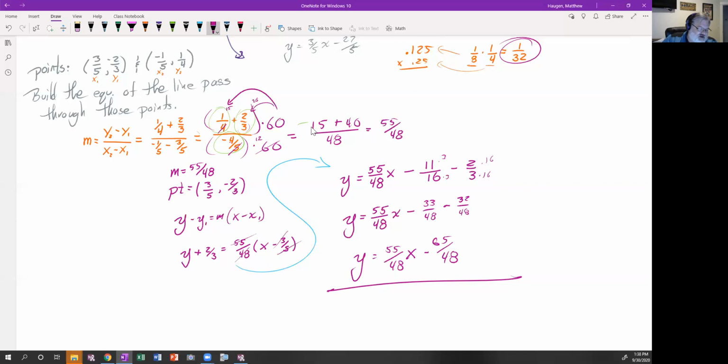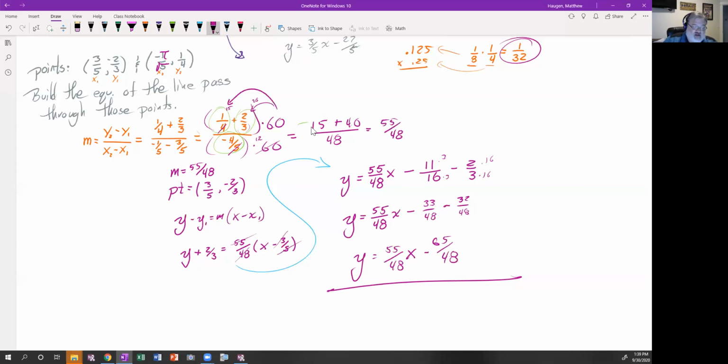So this was obviously a bit of an icky one with the nasty fractions as our points. But the nice thing about taking 2 points and building a line is the mechanics don't change. No matter what those points are, no matter how good or bad or ugly those numbers might be, like if we change this to -pi over the square root of 5, that's going to make this problem really annoying.